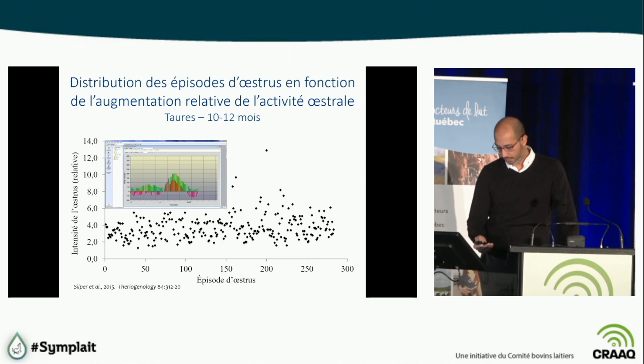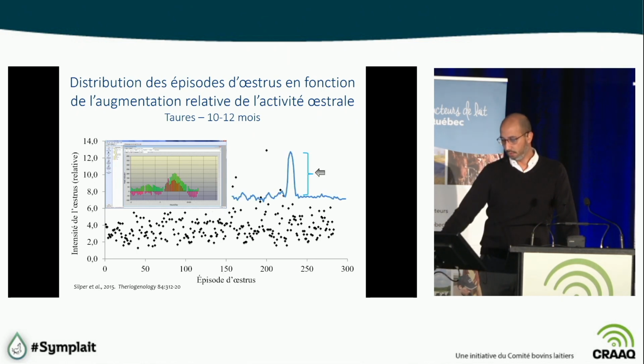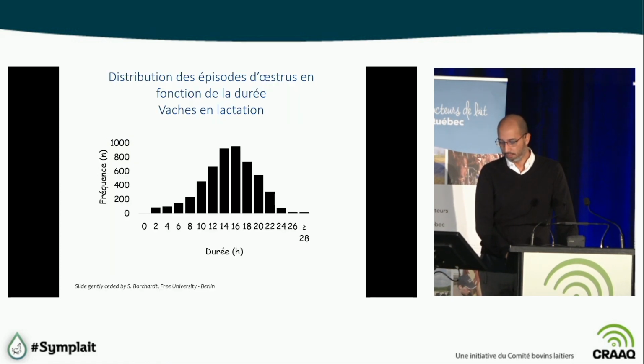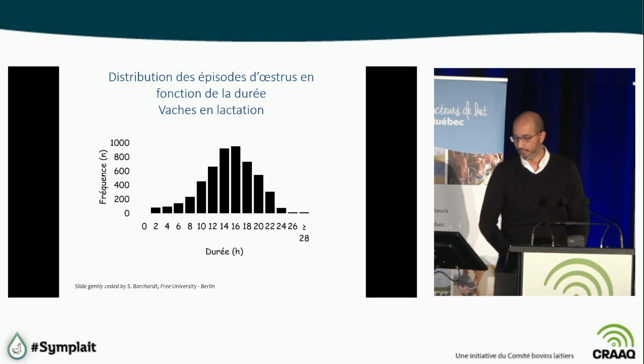With that, we eventually tried to calculate the size of this bump. We tried to get the raw data and figure out how exactly we can calculate this. So this is more or less the distribution of intensity and duration, and this is data from lactating cows. The previous one was from heifers, but it is pretty similar in dairy cows, in lactating cows.